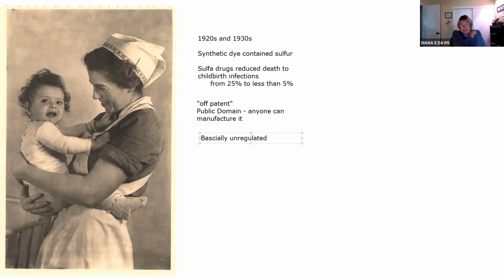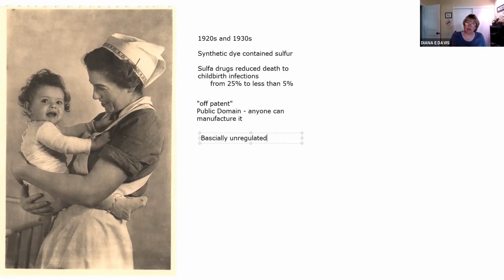We have a lot of things for sale in our grocery stores and drugstores that are basically unregulated. I think we've talked about vitamins and herbs. Those are basically unregulated in the US. There is no rule that says it has to be what it says or that it has to do what they claim it does. The only restriction is that it should not cause harm.